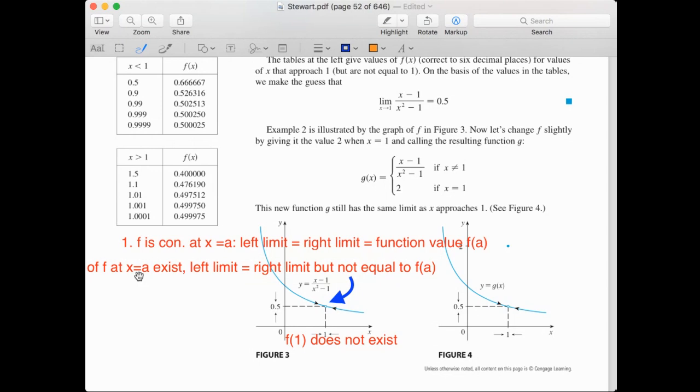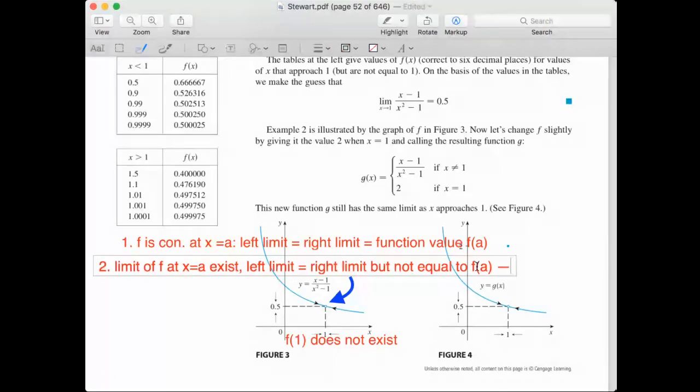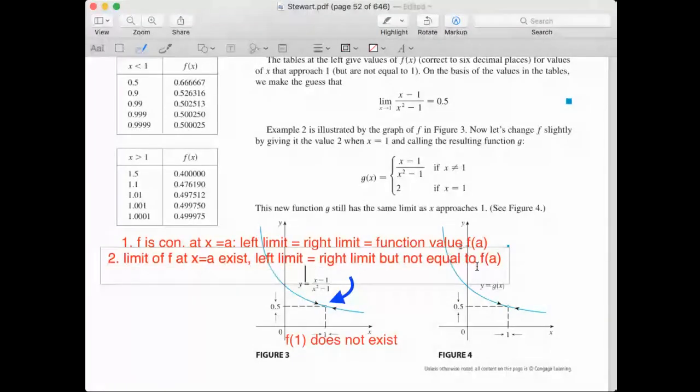That means the left limit equals the right limit, but not equal to f of a. And if this is the case, like someone mentioned before, this means f is not continuous at x equals a. Second situation, okay.